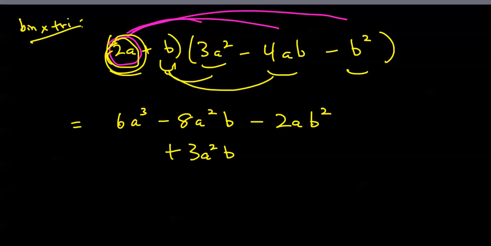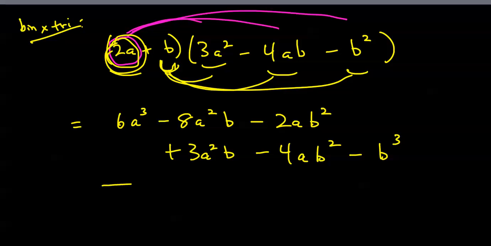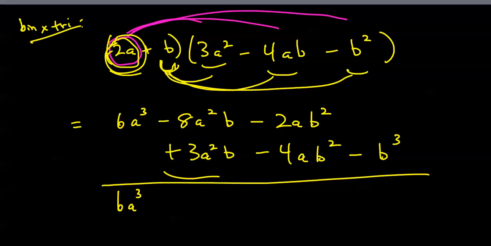Similarly, b times negative 4ab is going to be negative 4ab squared. So I will have an ab squared column. And then b times negative b squared is negative b to the third power, which has its own column. Some of these are like terms and can be combined, some of them are not. 6a cubed doesn't combine with anything. How about this column?